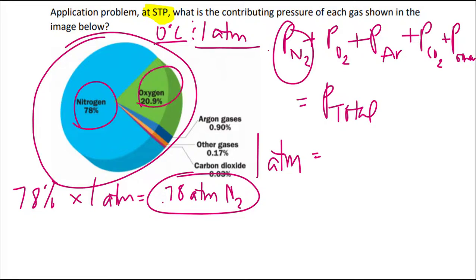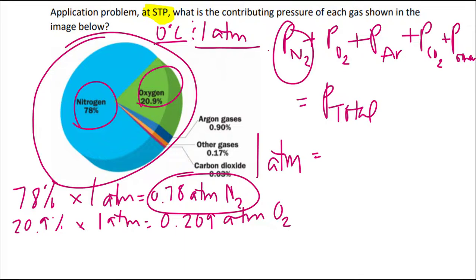I'm going to do the same thing for oxygen. 20.9% times 1 would give me 0.209 atm of oxygen.